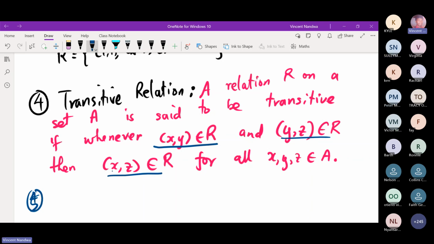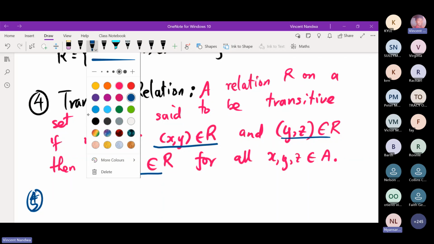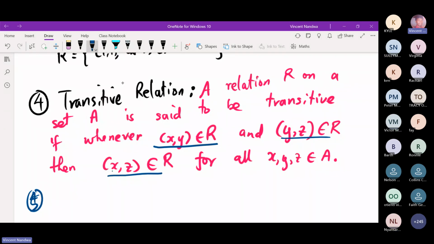You have said that the relation R on a set A is said to be transitive whenever (X, Y) is in R. The one written there, is it Z, or what? Okay, I will know that you are senior people now. When we started this course, this is a sign for belongs to.